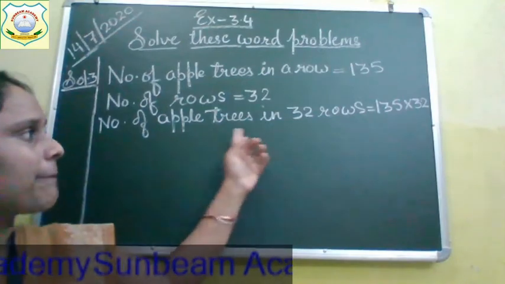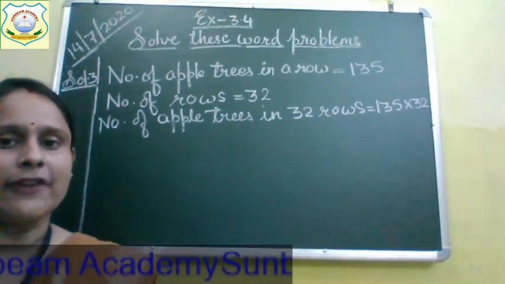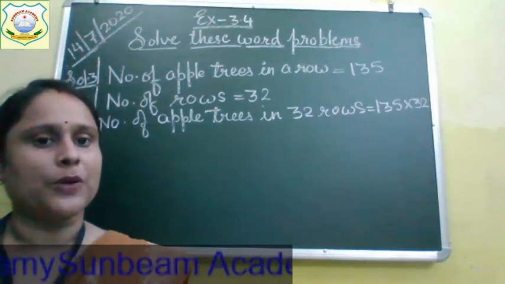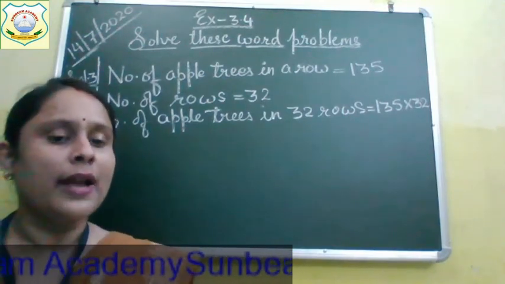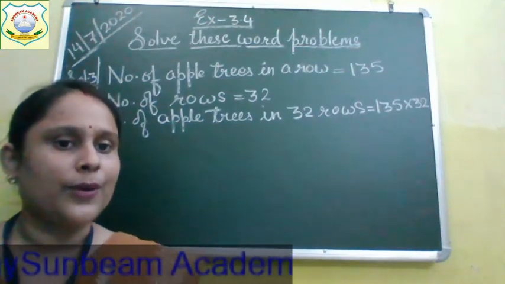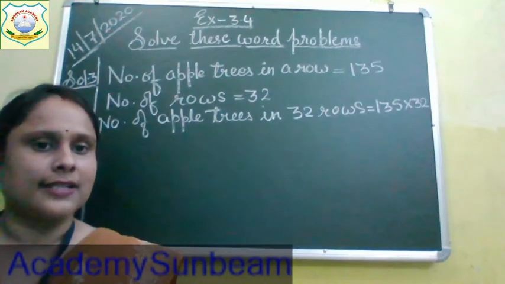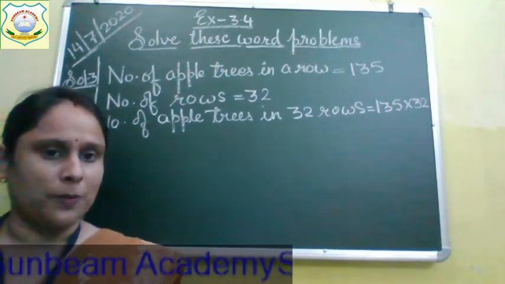And number of apple trees in 32 rows is equal to 135 into 32 in the third line. So step by step you will write the problem sum. And I have told you before, in one page you will write only one problem sum. When you start the second one, you will start it from the next page. One page, one problem sum.